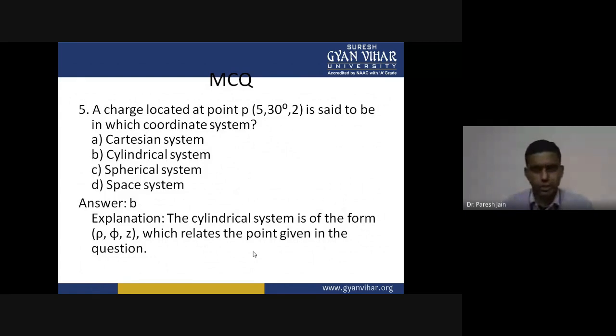The choices are A, Cartesian system, B, cylindrical system, C, spherical system, and D, space system. The solution is that the cylindrical system is of the form rho, phi, z, which relates to the point given in the question. So the given point is in the cylindrical system.